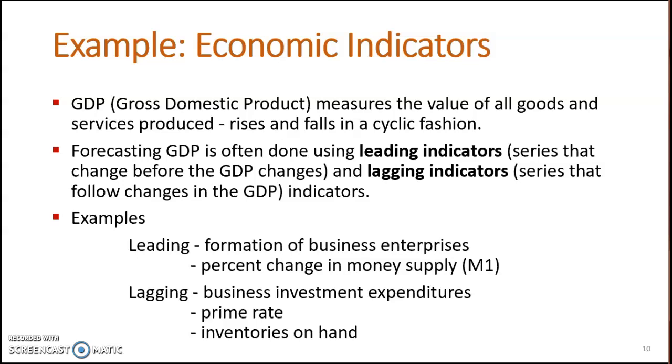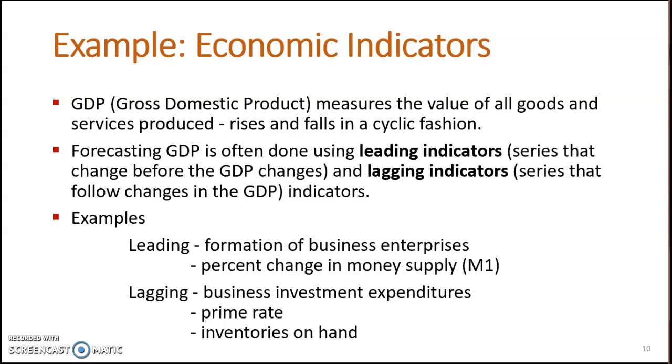For example, leading indicators are such as formation of business enterprises and percent change in the money supply. So if there are a lot of businesses being formed, or there are a lot of changes in the supply of currency, they could provide indicators in advance of forecasting what the GDP is going to be.